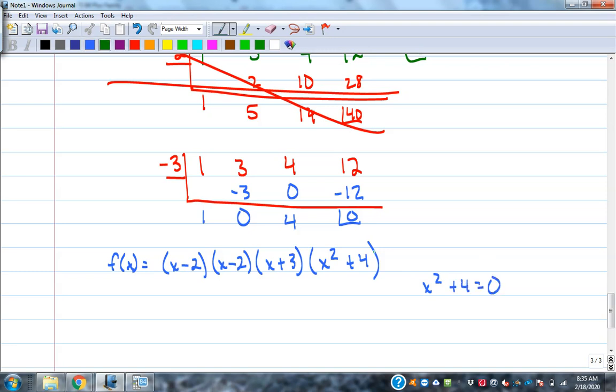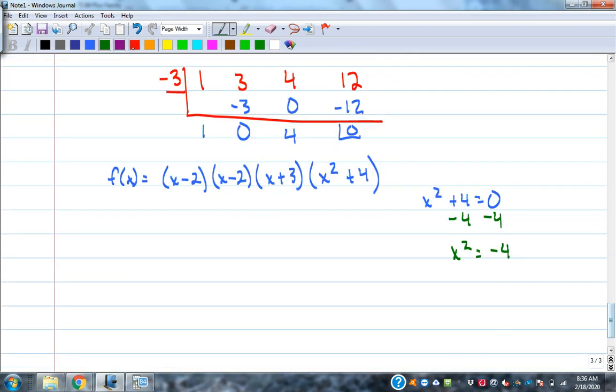And I'm going to solve that. So subtract 4, and then take the square root of both sides. What happens when you take the square root of a negative? Imaginary numbers, so that's plus or minus 2i. Okay. So here's our factored form.